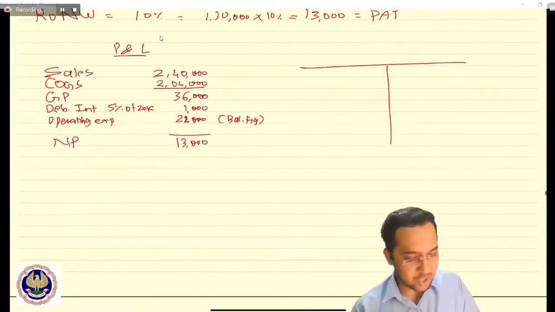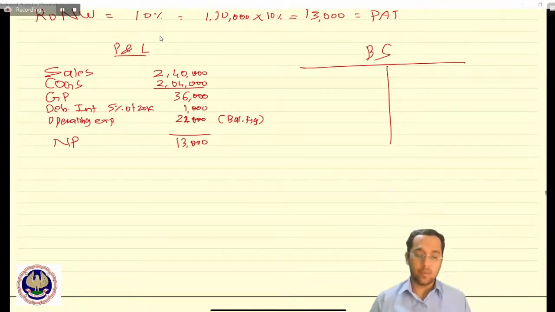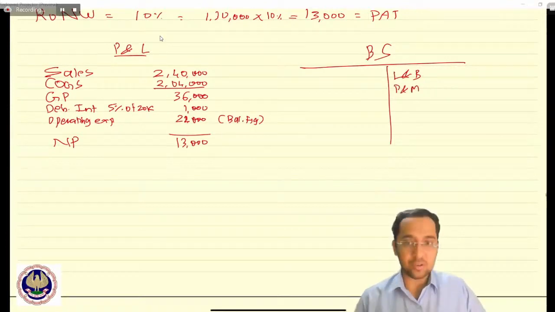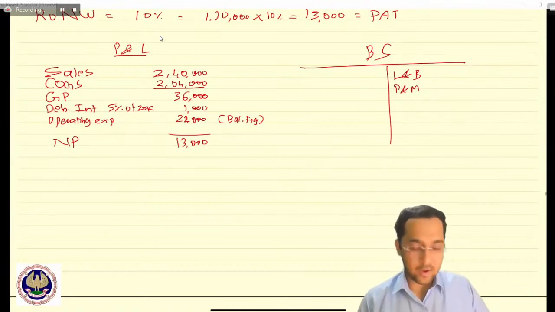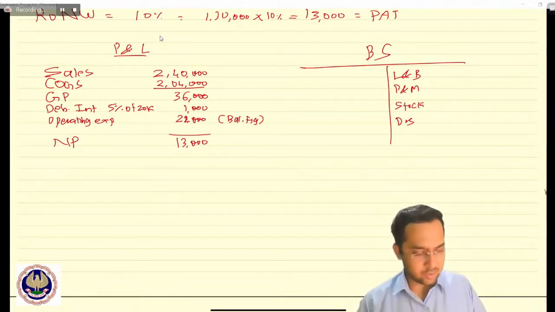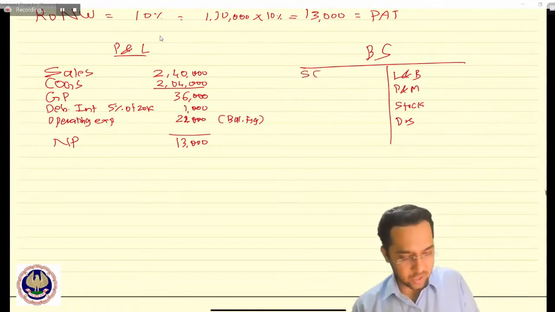Talking about the balance sheet now. Balance sheet. We have got the land and building. We have got plant and machinery. We have like stock. We've got debtors. On the other side, we have share capital.